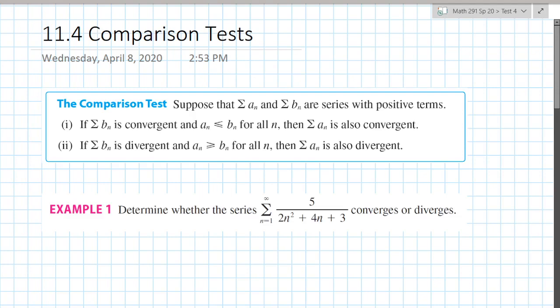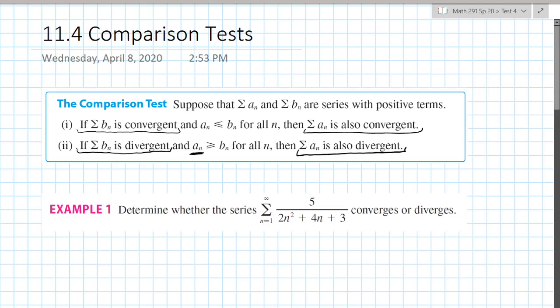So we're comparing a known convergent series to a smaller unknown series. The next one is a known divergent series, and then the A sub n's are larger than the B sub n's, so then the A sub n's are divergent.